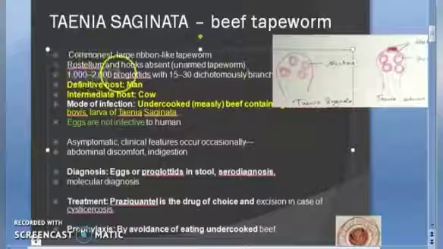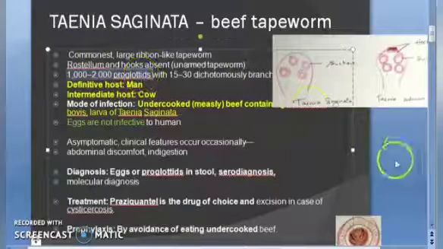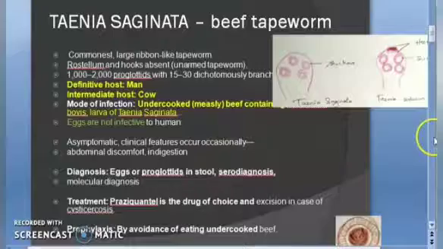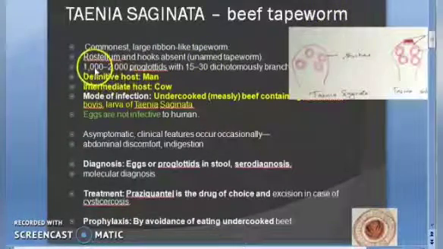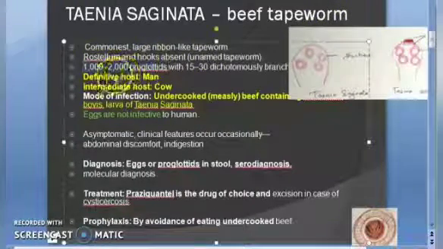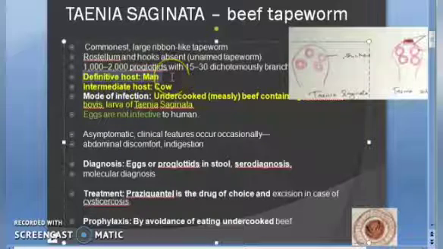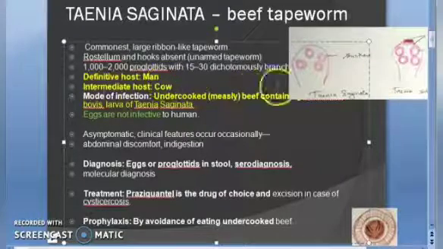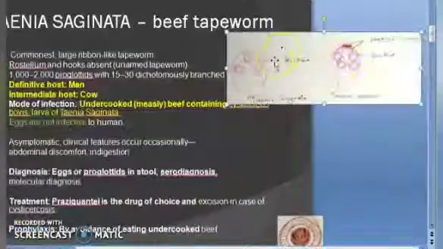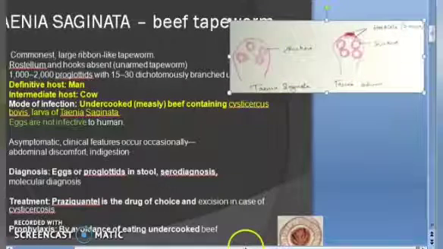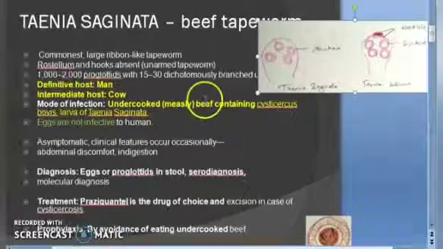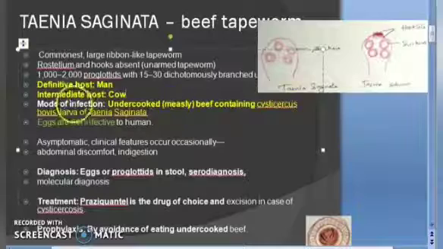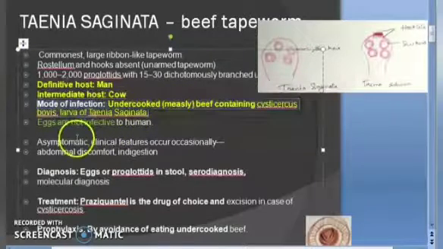So basically it has 1000 to 2000 proglottids. Proglottids are the reproductive structures. So Taenia saginata has a lot of proglottids. Now coming to the hosts, the definitive host is man. The intermediate host for Taenia saginata is cow. How will the person get infection? By eating uncooked infected meat, that is beef containing Cysticercus bovis, the larva of Taenia saginata.